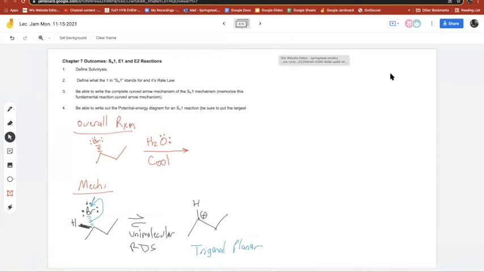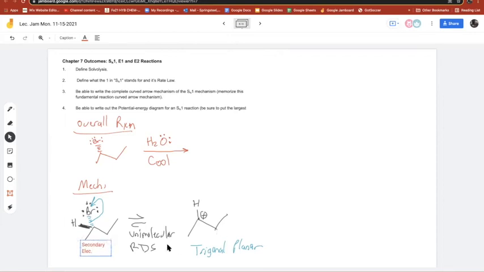And also, is this trigonal? Oh, actually, before I do that, let me name these things. Give me some names for this. How can I describe this bromide here? Electrophile, good. Even more specifically, a secondary electrophile. Good. We got our secondary electrophile.